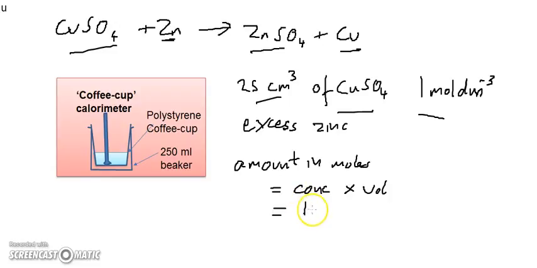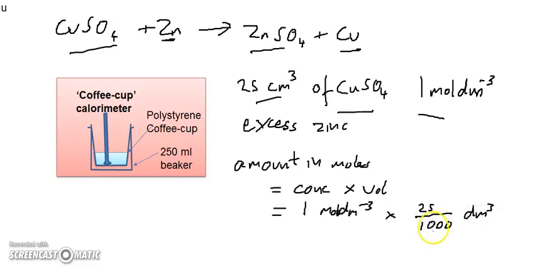So the concentration is 1 mole per litre, and the volume is 25 divided by 1,000 decimeters cubed.